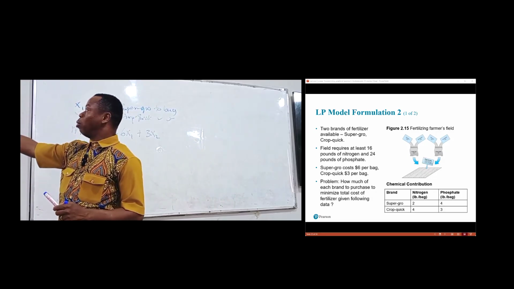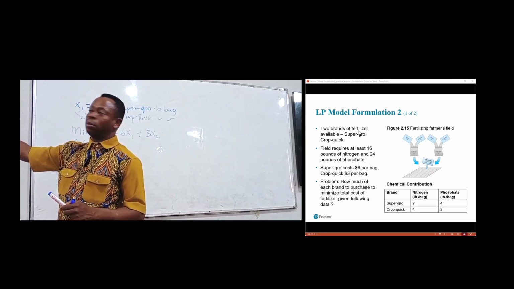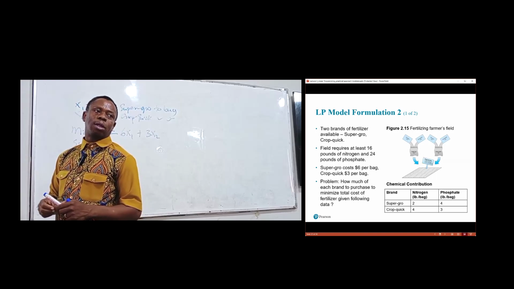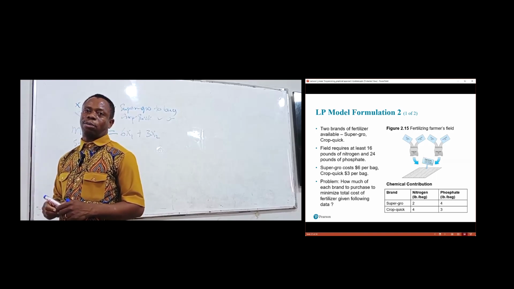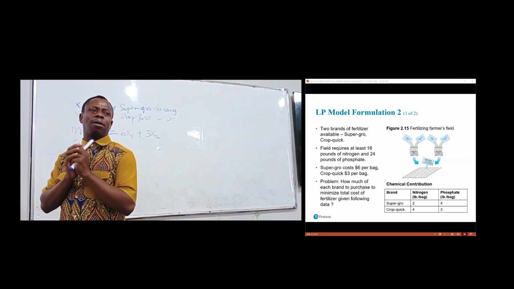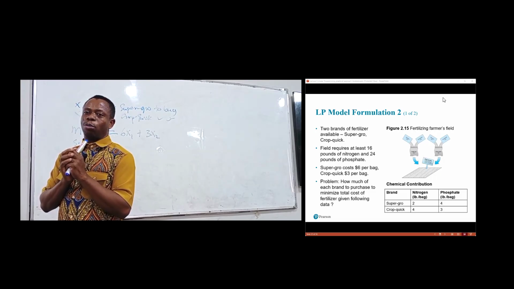It means that it can be more than 16, but not less than. The same as the 24. Can be more, but not less. So that changes the way we formulate the minimization problem. In the maximization problem, we're using less than or what? Equal to. But this one, we have to use greater than or equal to.